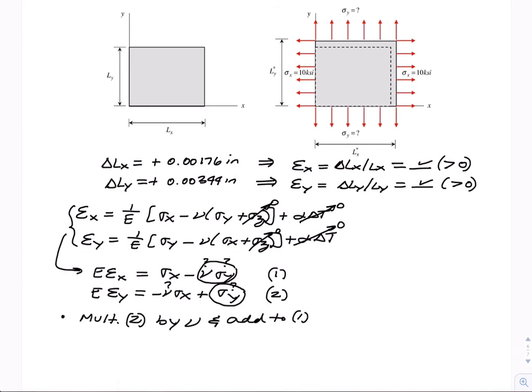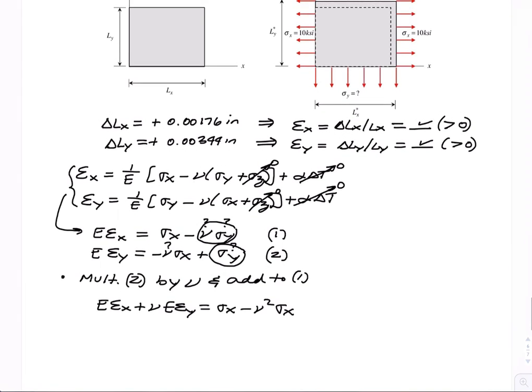So that's going to be E epsilon x plus nu E epsilon y equal to sigma x minus nu squared sigma x. Our goal there was to get rid of sigma y in those equations. From this, we can solve for the Poisson's ratio.